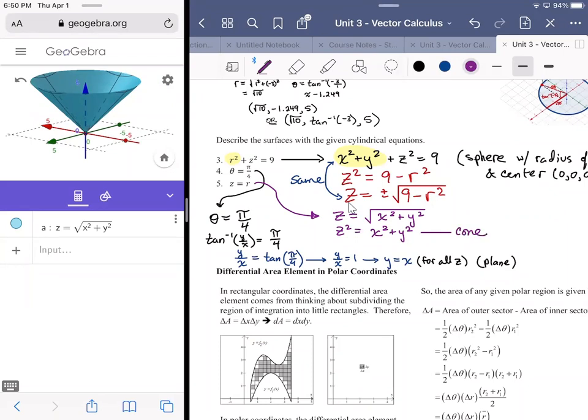Specifically, it's a right circular cone, but I'll show you other types of cones as we go forward, and you'll see that it doesn't really enter into the realm of necessity that we call it a right circular cone. It's more for a geometry class. But you can see it's a circular type of graph. So a plane by definition is defined rectangularly.